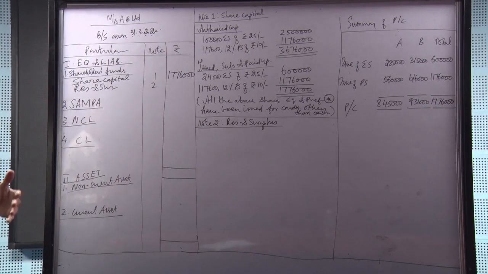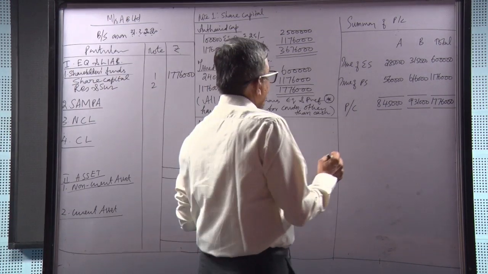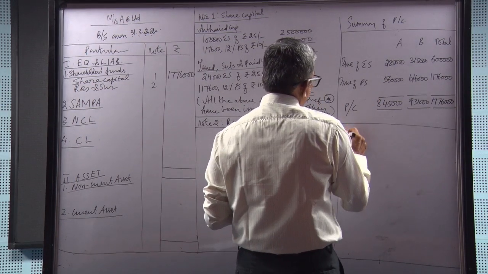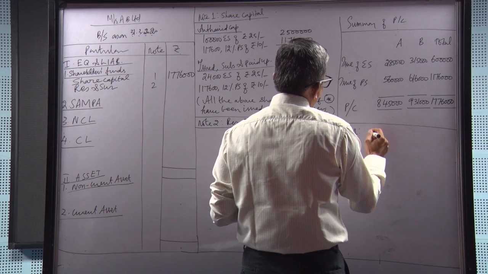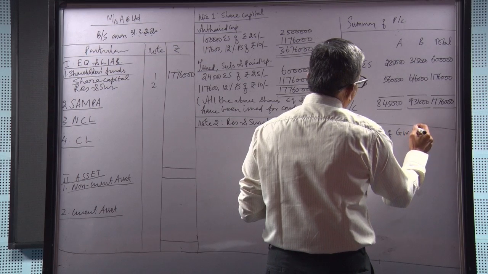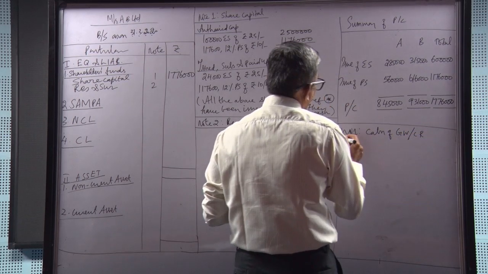The difference between the consideration and the net assets may result in a capital reserve. That we do not know. Therefore, we should calculate it. Working note number 1, calculation of goodwill or capital reserve.